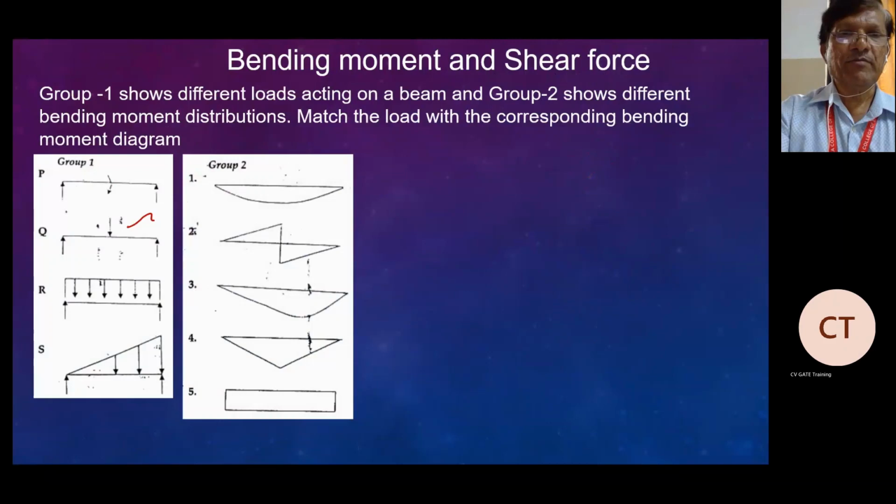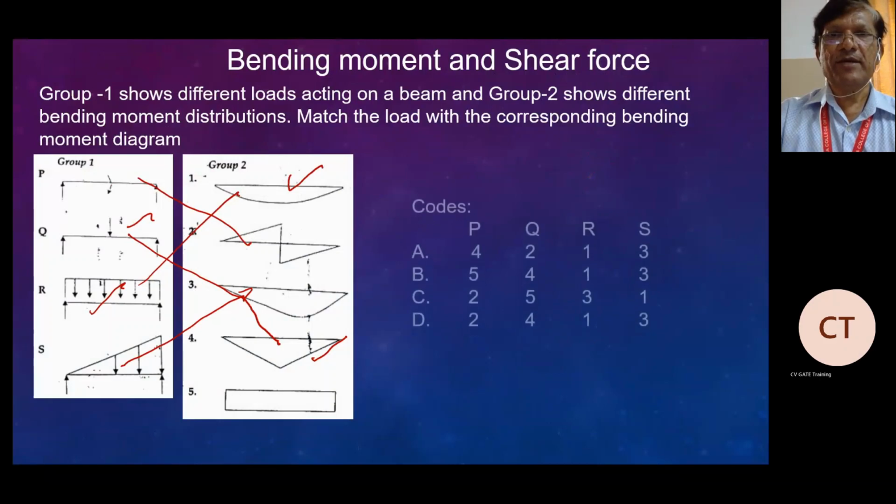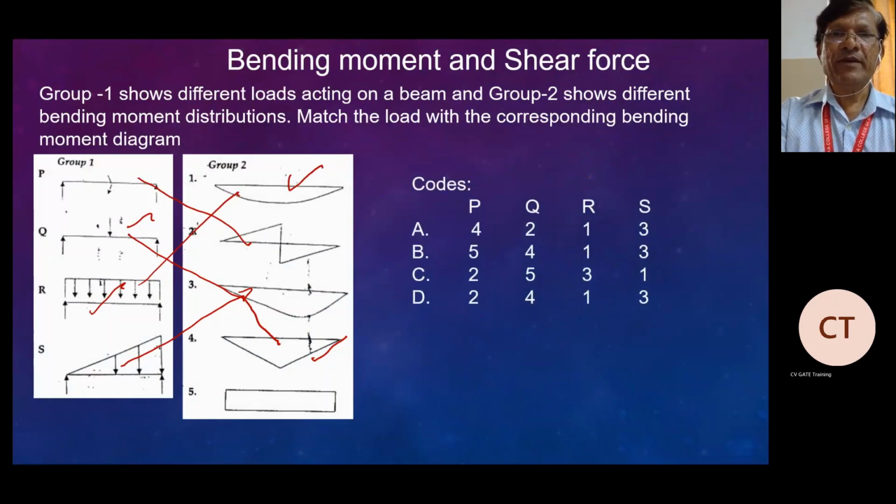So we have to see which moment diagram is matching here. Q maybe 4, you know that one, and for this one also you know. And if there is a moment, it will be there here. So they have given P, Q, R, S, and we'll see which option is matching.